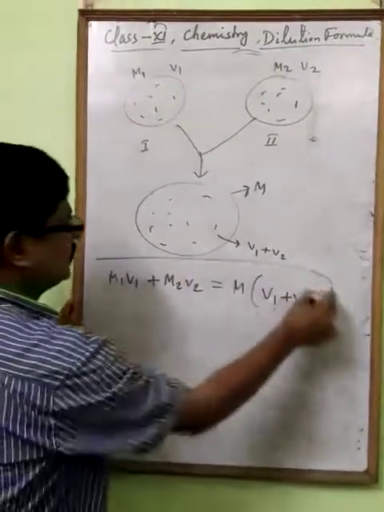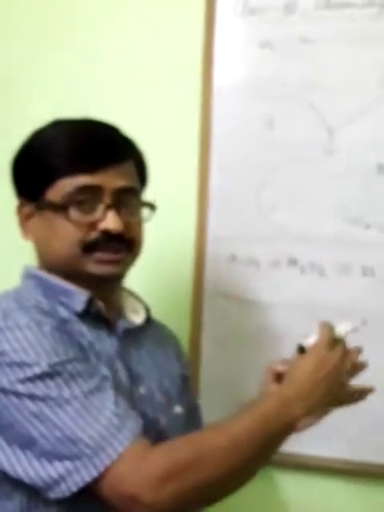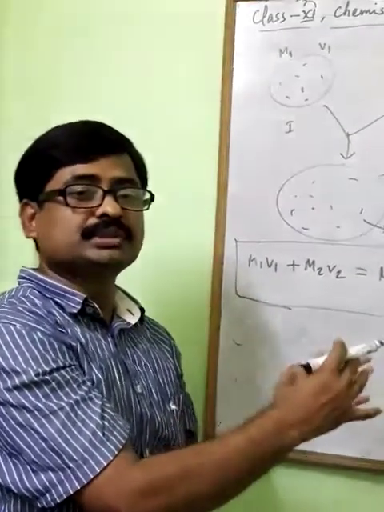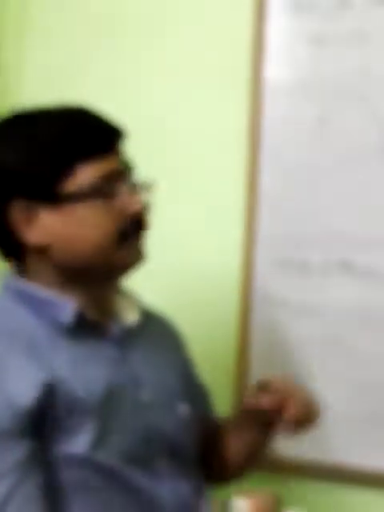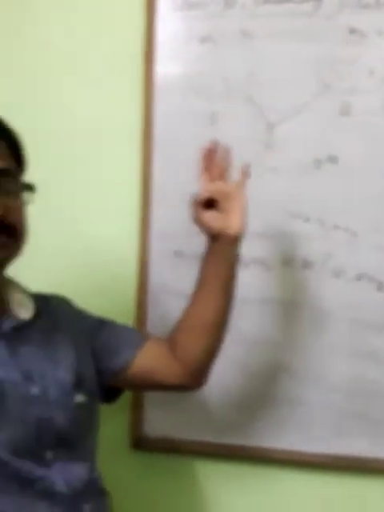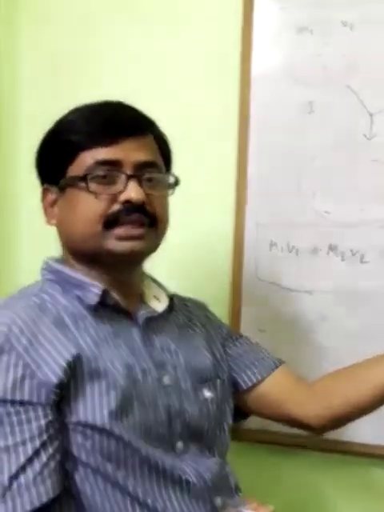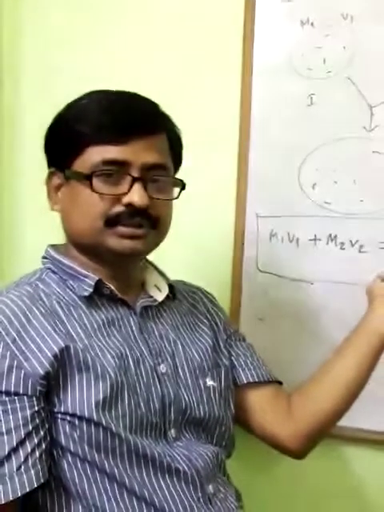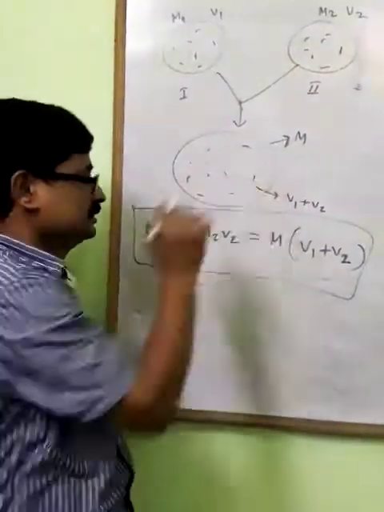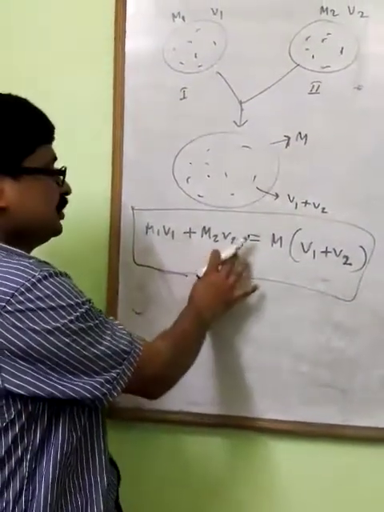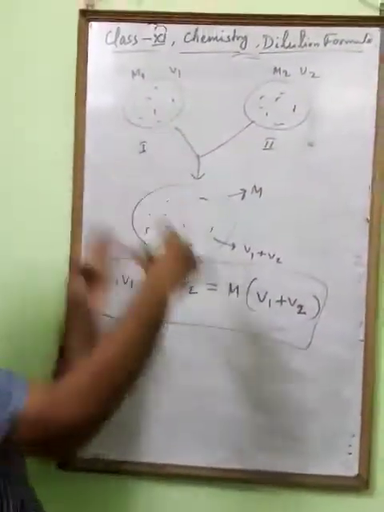So this is the new formula for a mixture, a solution made of two different solutions. The previous formula, the dilution formula, is for one concentrated solution to which I added some solvent, and this one is for two different solutions that give a mixture. The formula is M1 V1 plus M2 V2 is equal to M into (V1 plus V2). Then you have to do the numericals by using these two formulas.